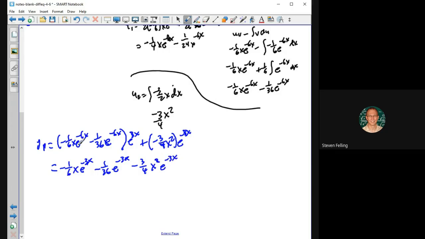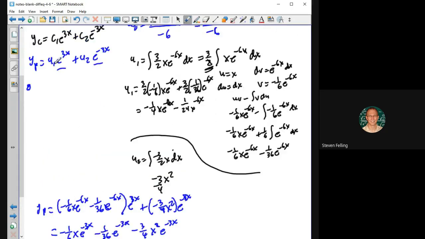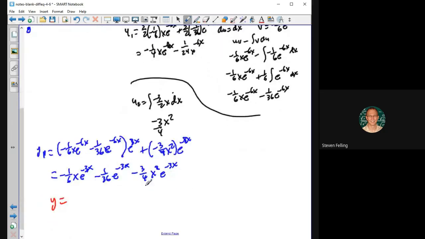So it's okay to combine like terms within the yp, but what you shouldn't typically see is absorption between this and the yc. So now the general solution will be the yc terms, which just have constants here for multipliers. So constant 1 times e to the 3x plus constant 2 times e to the negative 3x.